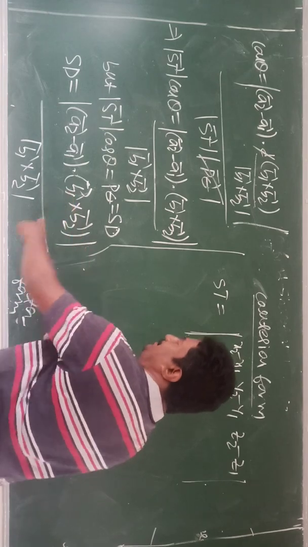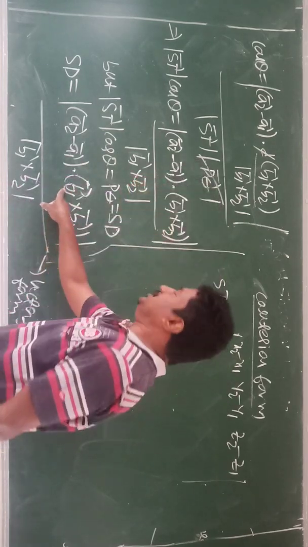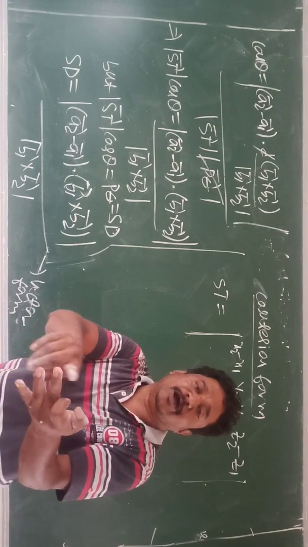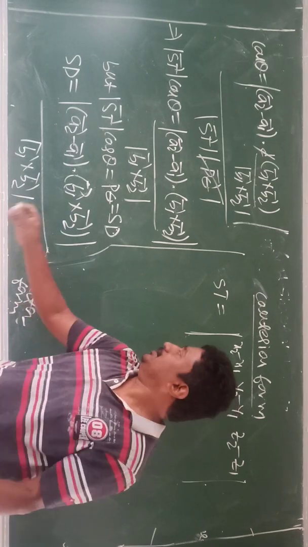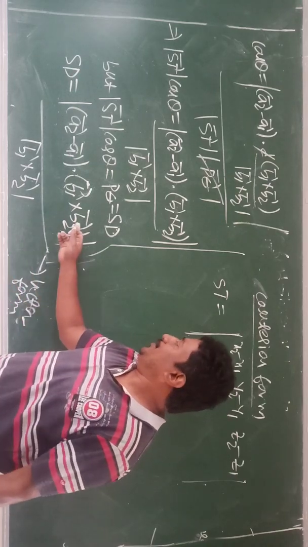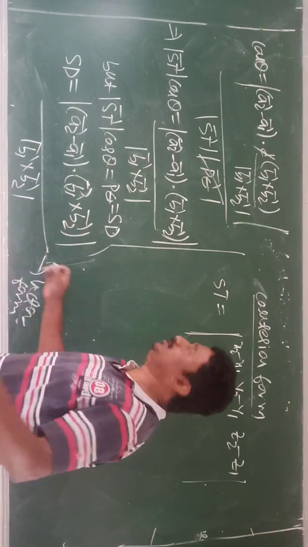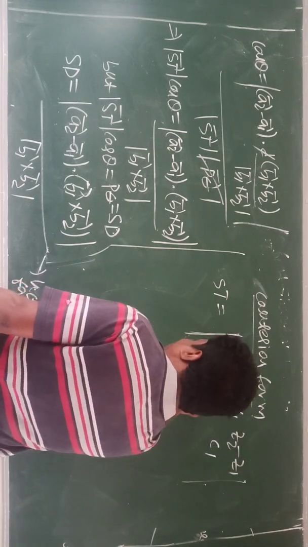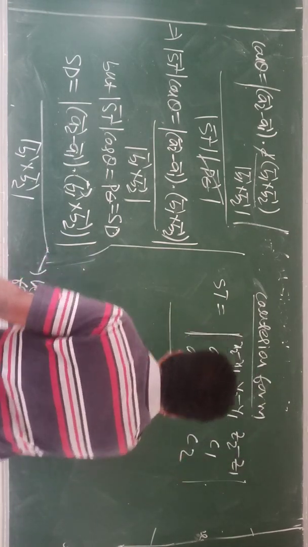The components of the parallel vectors: you take the components of vector B1 as a1, b1, c1 and the components of vector B2 as a2, b2, c2. We got it.